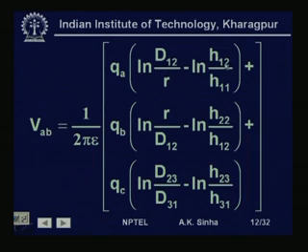Similarly, for charge on conductor B and its image, we will get the term 1 by 2 pi epsilon Qb ln(R/D12) minus ln(H22/H12), plus due to the charge on conductor C and its image, we will have the term 1 by 2 pi epsilon Qc into ln(D23/D31) minus ln(H23/H31).